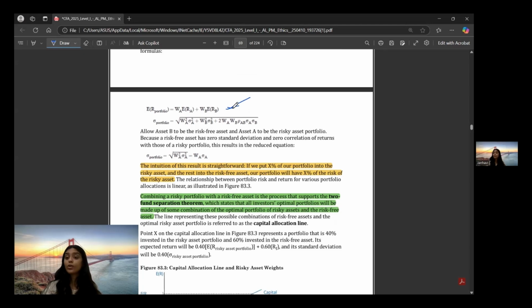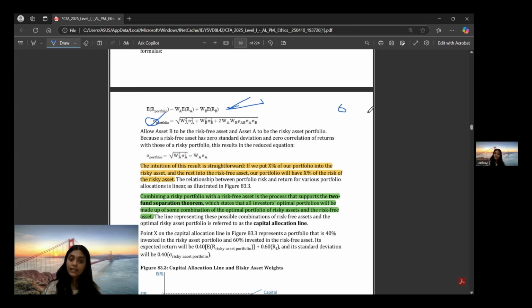But I want you guys to mark this formula. I also want you guys to mark this formula. Now, if you see, there is again this sign, that is standard deviation of portfolio, meaning how risky the portfolio is.